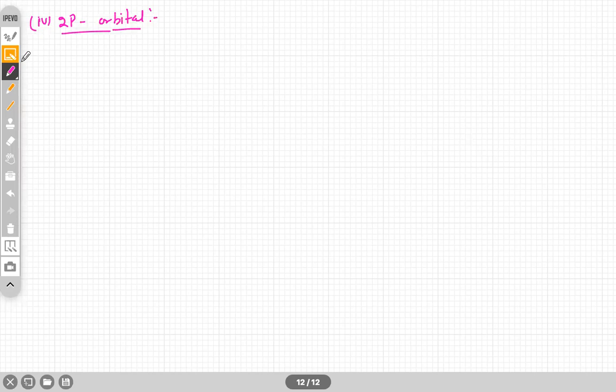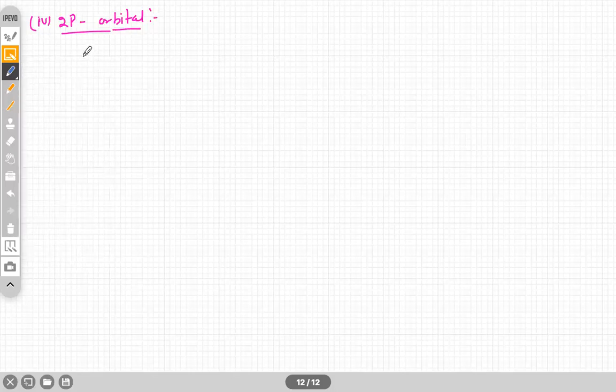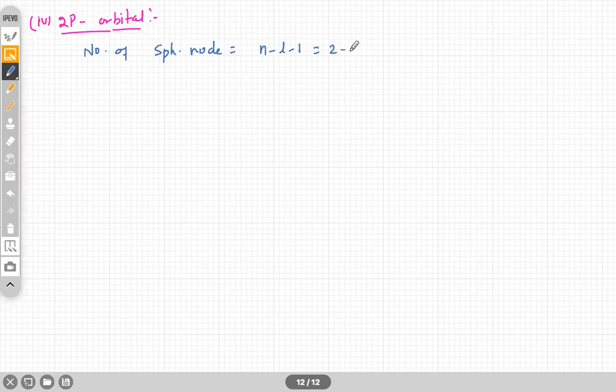So the number of spherical nodes here is n minus L minus 1, where n is 2 and L is 1, so 2 minus 1 minus 1 is 0. The angular node is equal to 1. Okay.